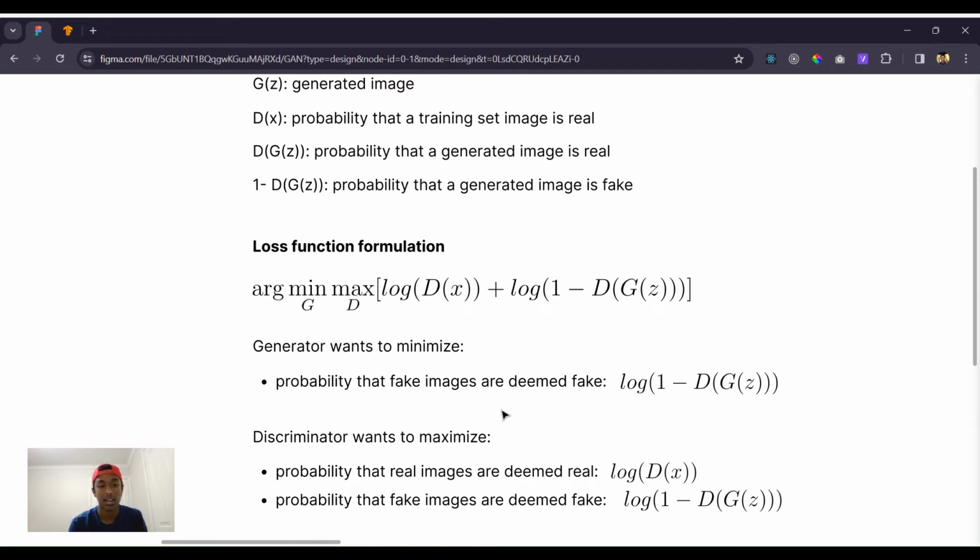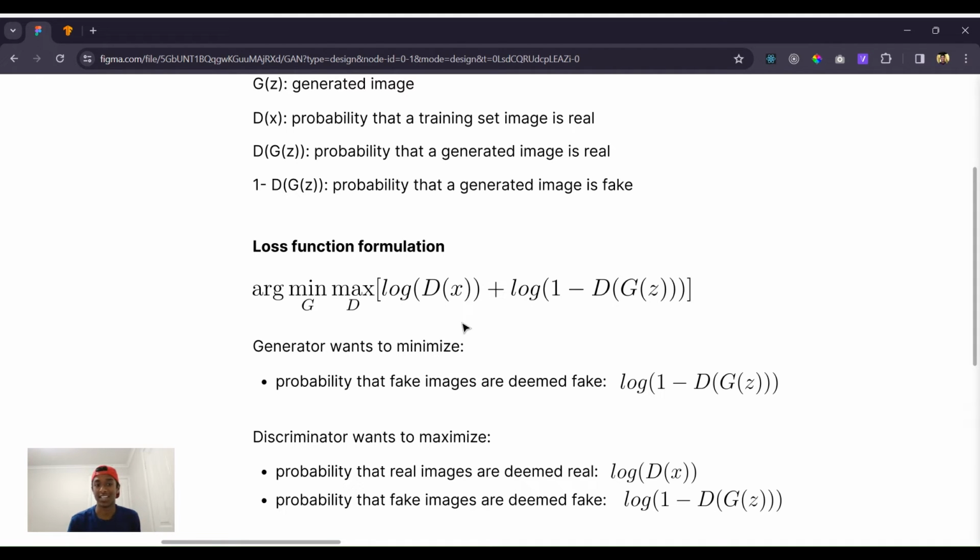And one more thing that you should take note of is that even though it is shown here that the generator minimizes this whole expression, the generator really only cares about the second expression right here, because the generator has no effect on what happens to the training set images. Remember, the generator doesn't actually look at the training set images at all. That's one of the really cool things about this.